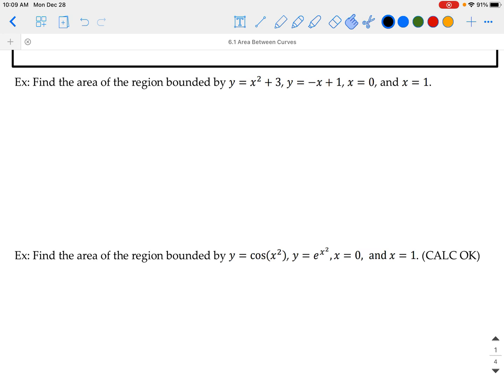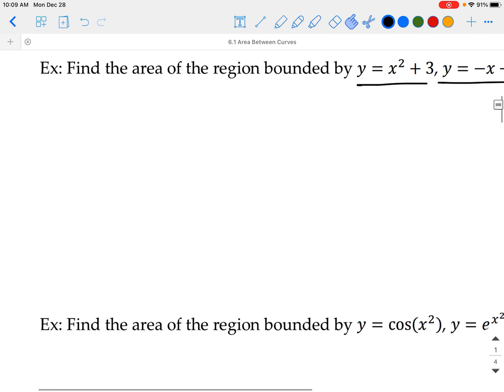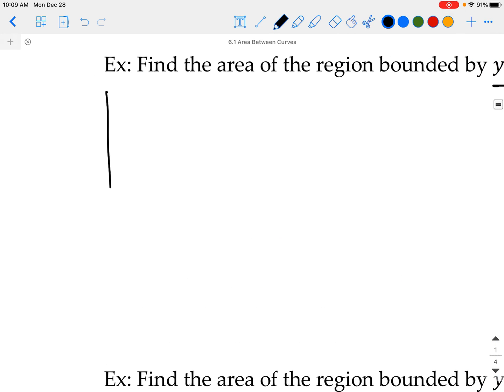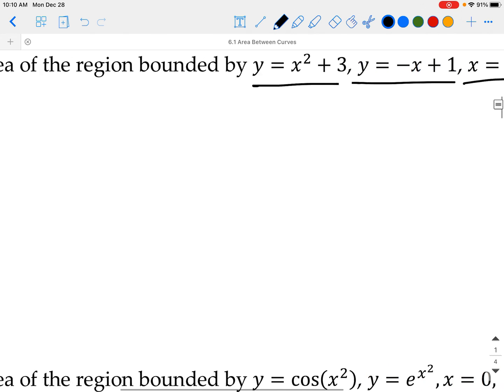So if we want to find the area of the region bounded by y is equal to x squared plus 3 and negative x plus 1 between x equals 0 and x equals 1. So we're going to need boundary points given for all of these examples. So x squared plus 3, we'll note, is going to look like this. So we've got y is equal to x squared plus 3. Now the other graph is 1 minus x.